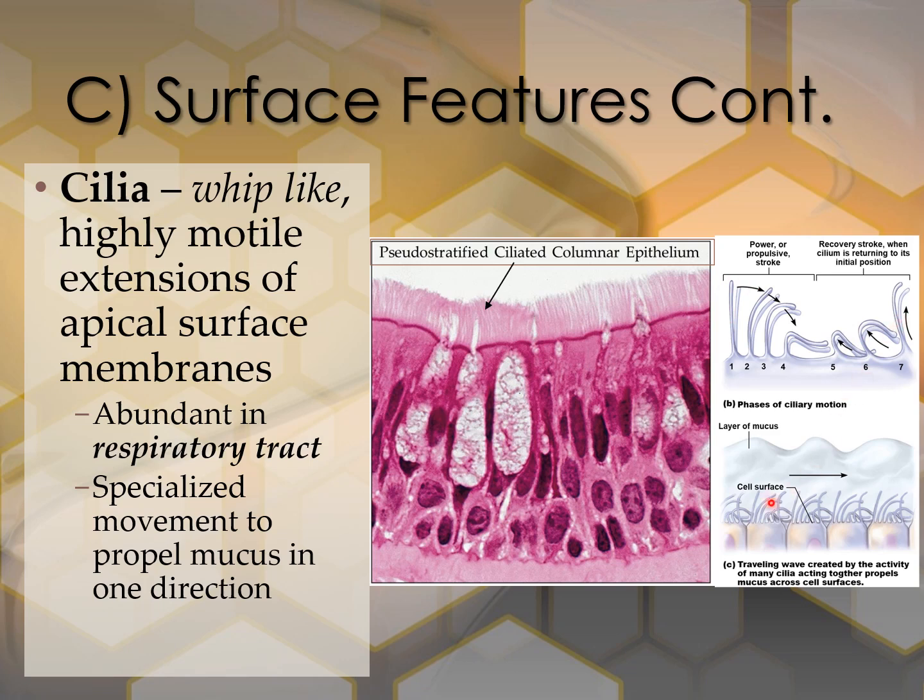So here's our little cilia, and essentially it makes this little whip-like movement, and so it traps the mucus and propels it forward. So all that mucus is going to be traveling in one direction because the cilia just continues to push it that way. Very important because we trap all that dust and debris in the respiratory tract, and then we want to get it out of the respiratory tract. So we're going to push it out, and that's the whole job of the cilia and the mucus.